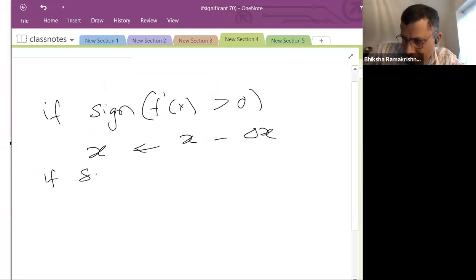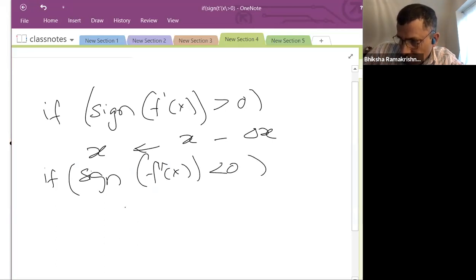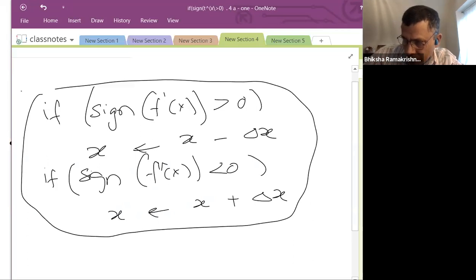If sign of f prime of x is less than 0, x goes to x plus delta x. I want to write these two in one equation without an if statement. How would I write it?